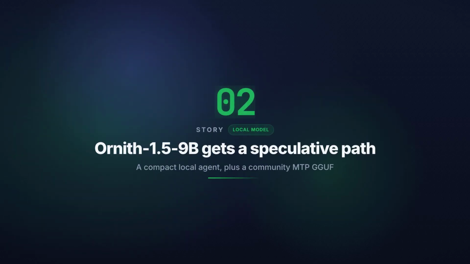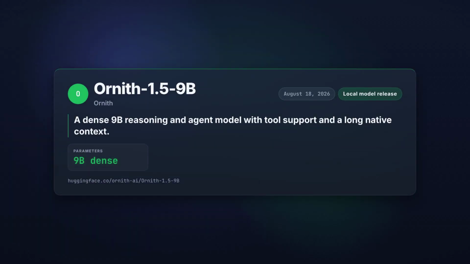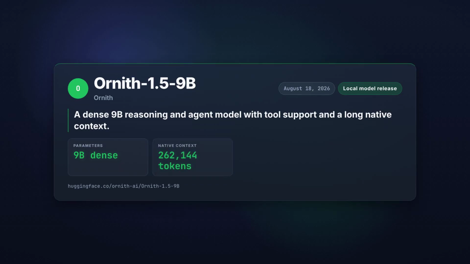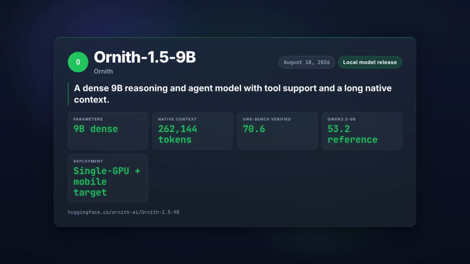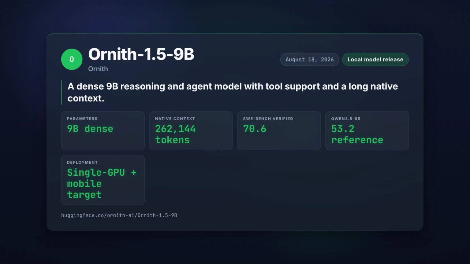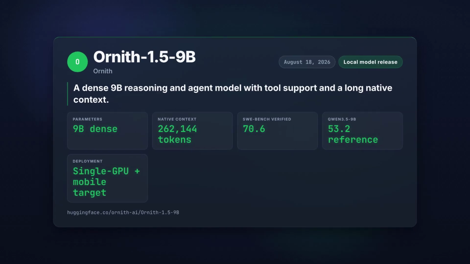The family includes a dense 9 billion parameter reasoning and agent model with tool support and a native context of 262,000 tokens. Its model card puts SWE-bench Verified at 70.6 against 53.2 for Qwen 3.5 9B.